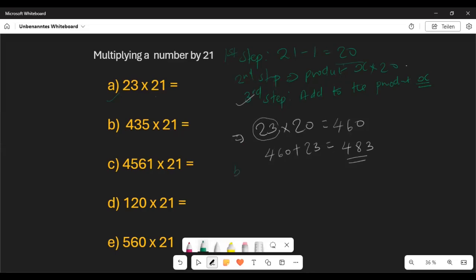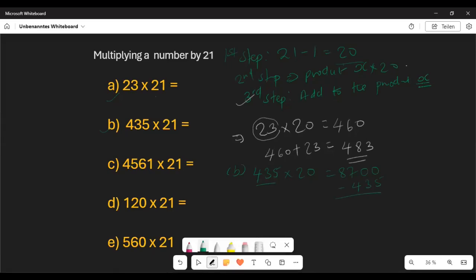Okay, so now let's see what B has for us. We have 435. So what we're going to do is multiply that one by 20. That's going to give us 870, and then plus 0, so that's going to give us 8,700. Now the next thing we want to do is just to add 435.